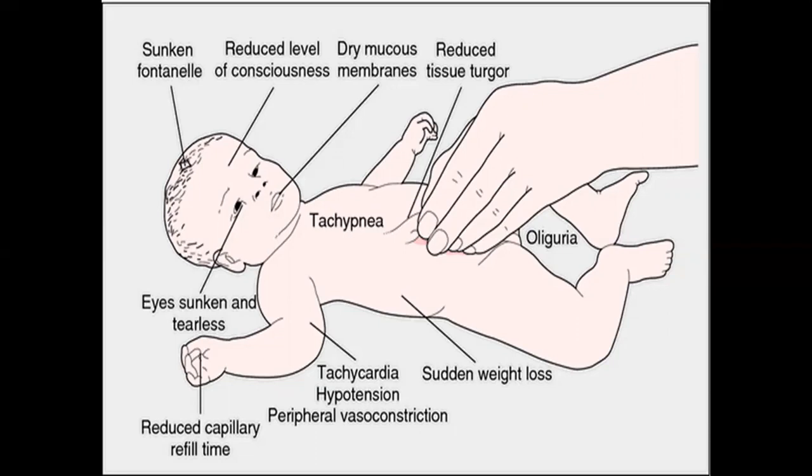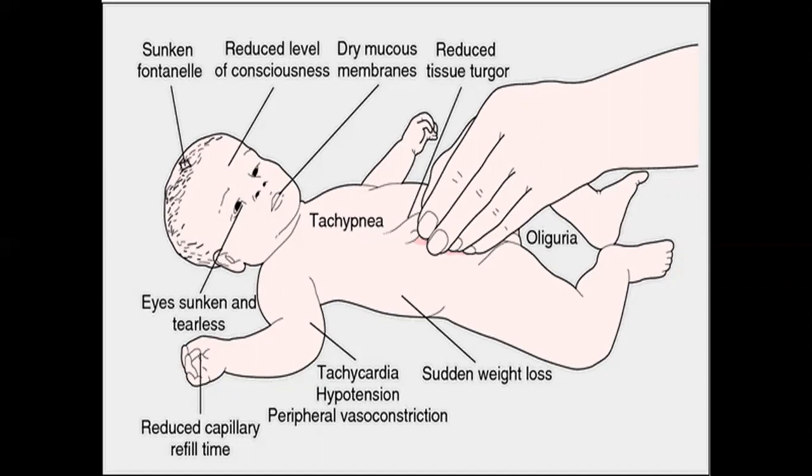The second is the eyes being sunken, and the third in the face is the eagerness to drink, not the dry mucous membrane. So: level of consciousness, sunken eyes, not sunken fontanelles, and the eagerness to drink. When I come to the abdomen, I examine the skin turgor, which gives me an idea about the elasticity of the skin, how hydrated the skin is.